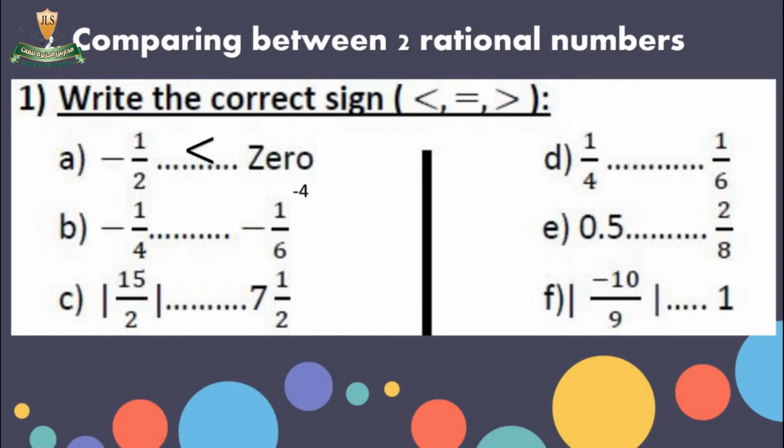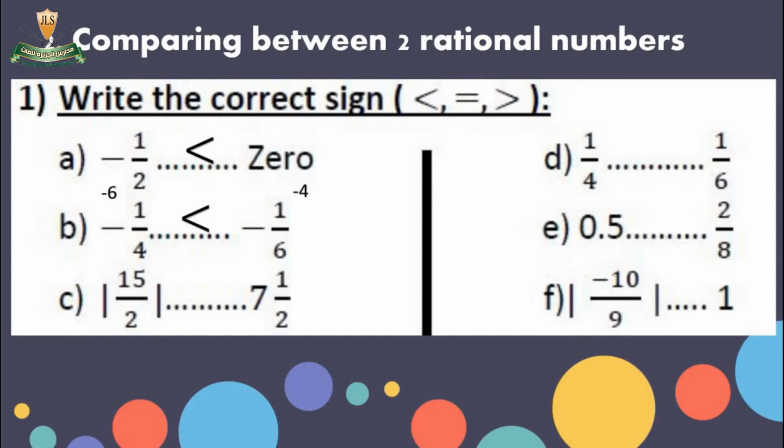And when I multiply 6 by 1, it gives me 6. Okay, but here there is a negative on both sides, negative 6 and negative 4. I know that in negatives the greater number is the smaller, so negative 4 will be greater than negative 6.